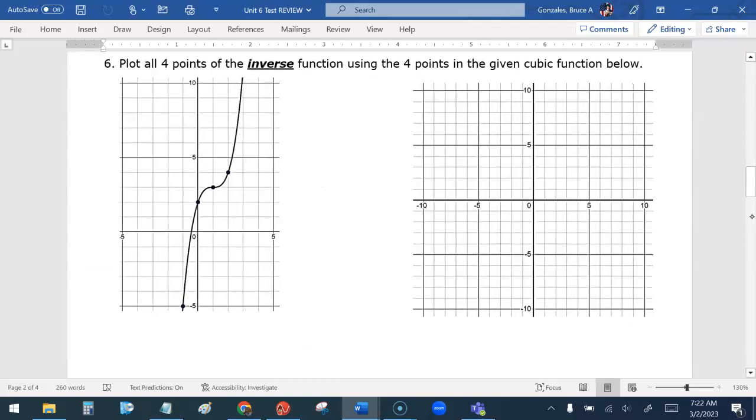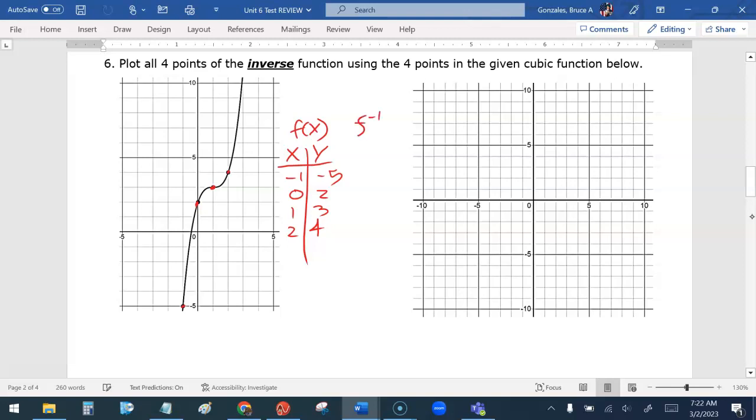So you can see I got points here, here, here, and here. So once again, if I can do f of x, x, y, so this first one is -1, -5, 0, 2, 1, 3, 2, 4.